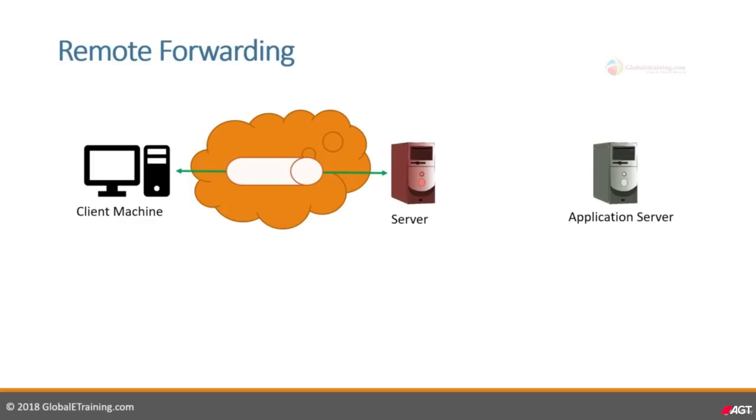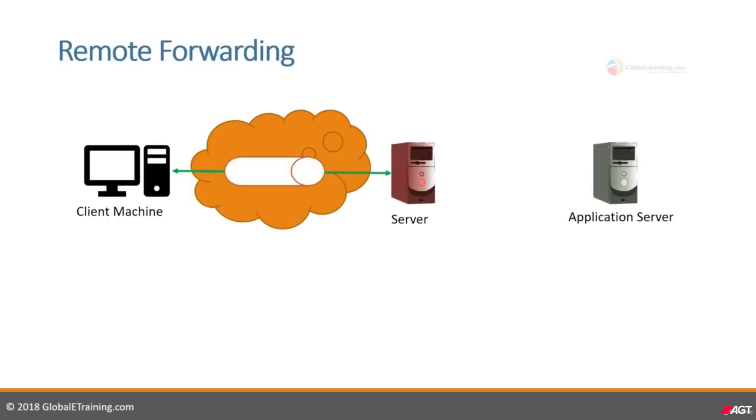And if I SSH from the server machine to the client machine, a new port gets opened on the client machine. So wherever we are connecting to, that's where a new port is opened.